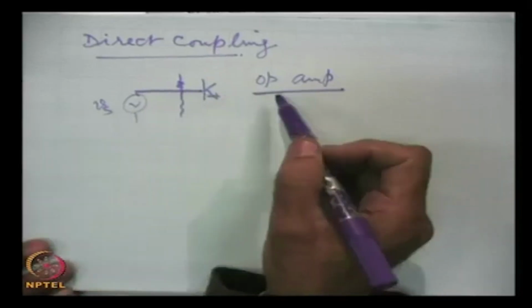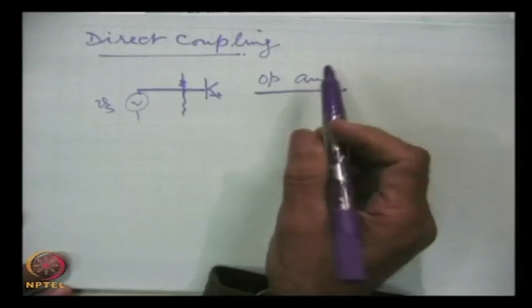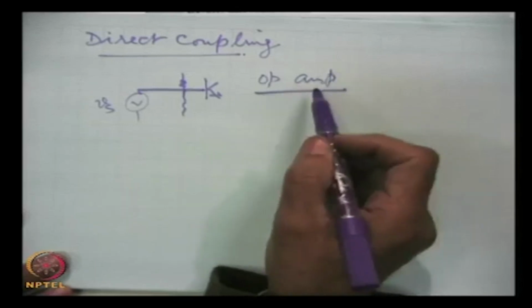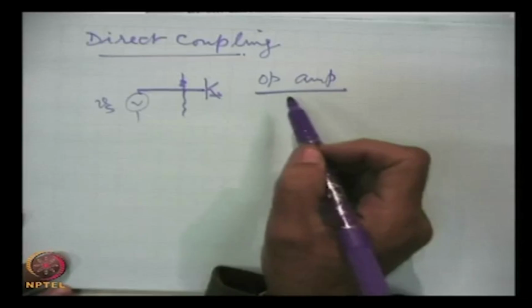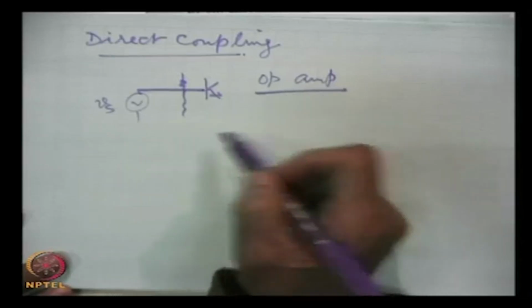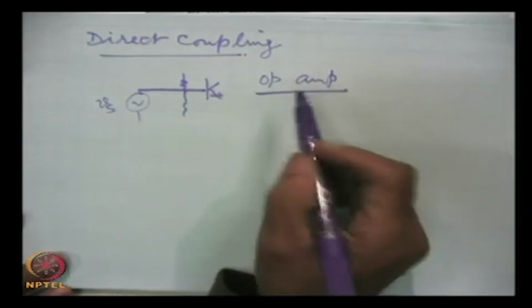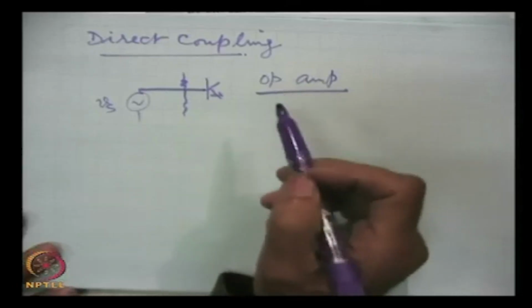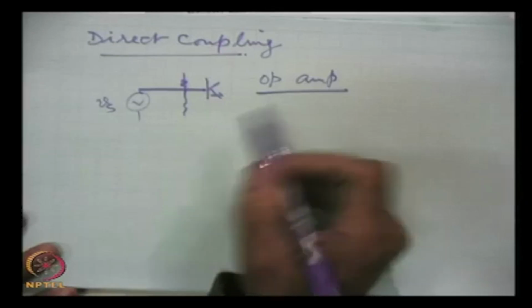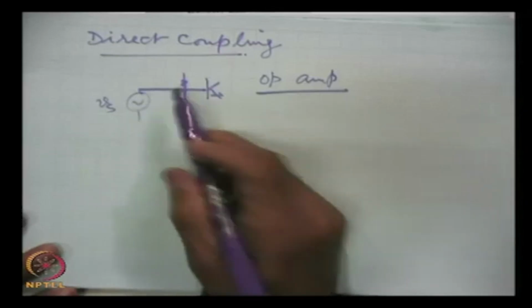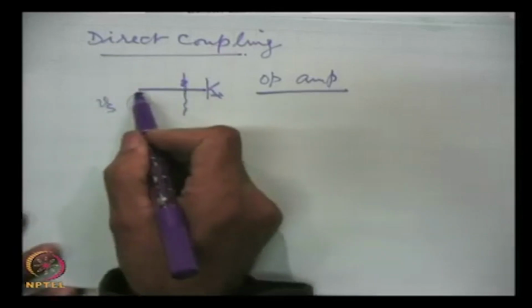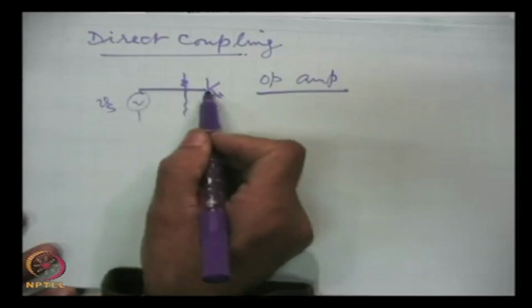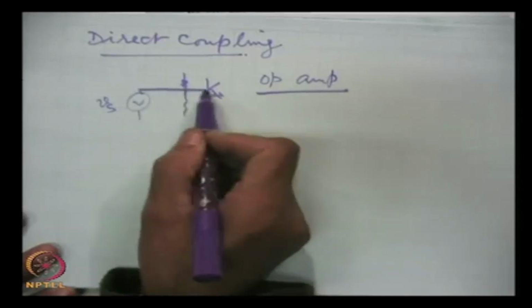I said, if you remember, that an op amp is a multi-stage amplifier with several stages which are directly coupled. There will not be any restriction on the lower cutoff when connected directly; even a DC signal will be able to propagate and couple.